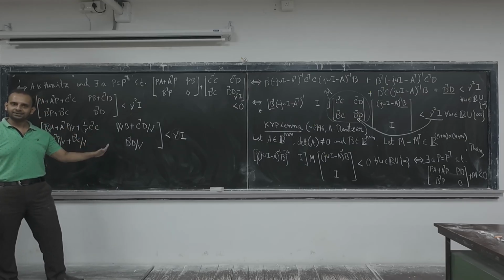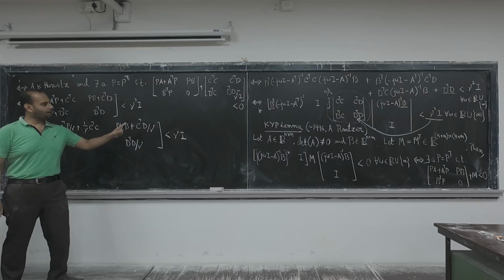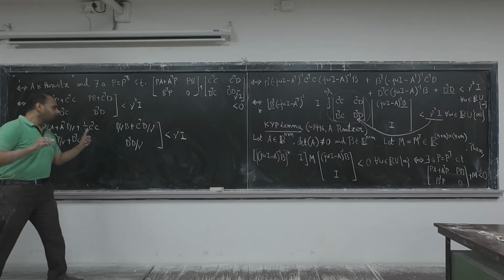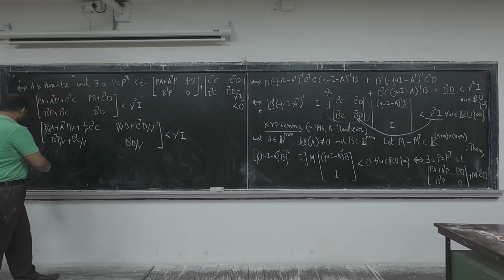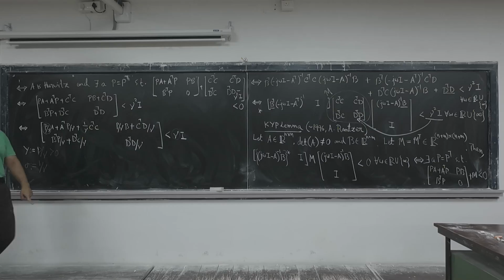Then ultimately it's not only a feasibility problem. If you have to find the H infinity norm through this LMI, you have to write a minimum gamma so that P equals P transpose greater than 0, or Y equals Y transpose greater than 0. So it has one more simplified version. We will do that next day.